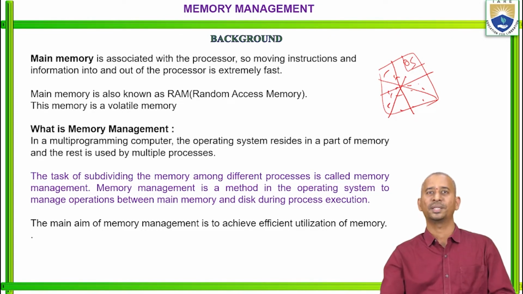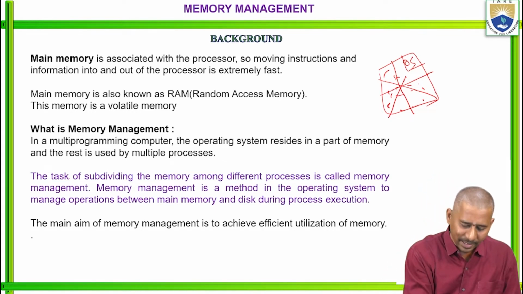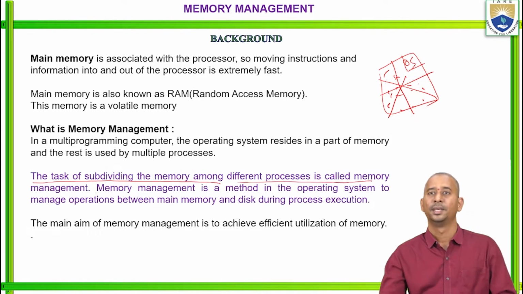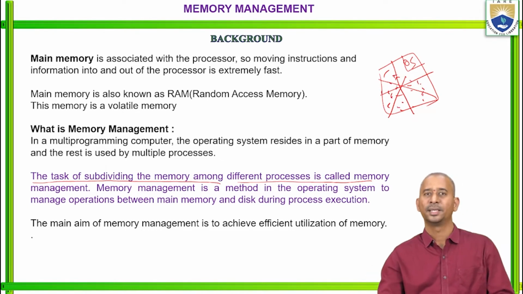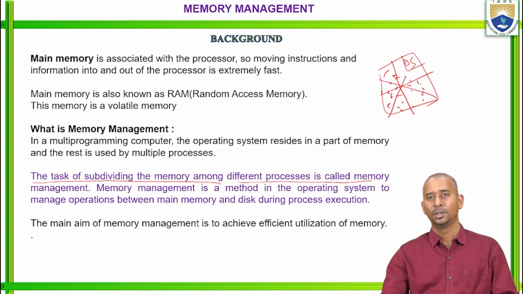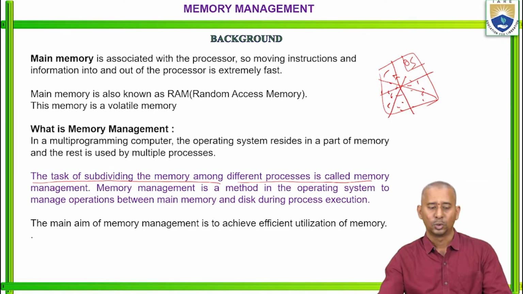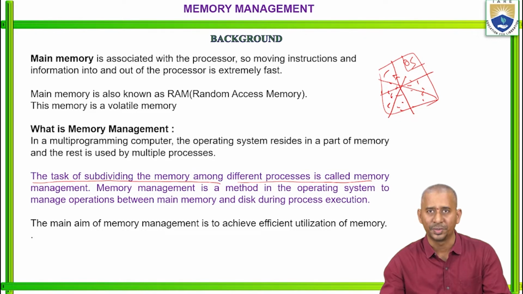Now coming to what is memory management: the task of subdividing the memory among different processes is called memory management. According to the operating system, memory management is a method to manage the operations between primary memory and disk during process execution.